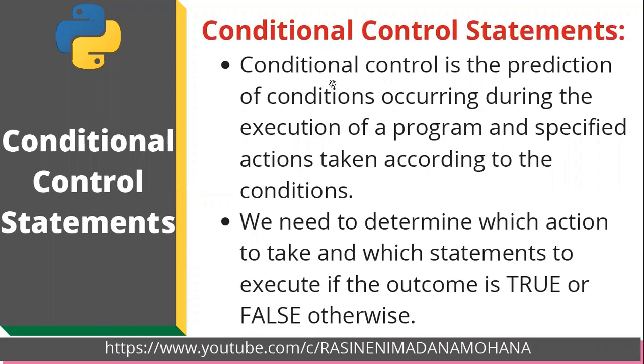That is the use of conditional or decision control statements. Here we need to determine which action to take and which statements to execute if the outcome is true or false. So here our main objective is to determine which action takes place.